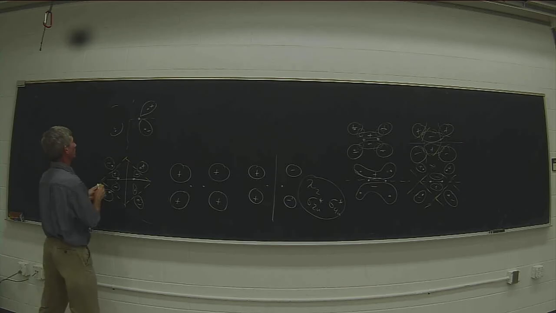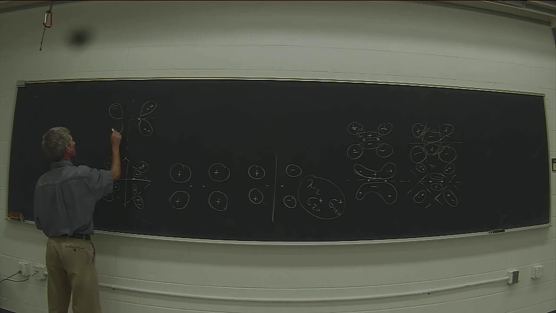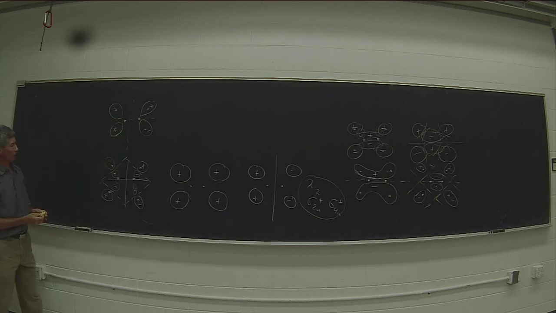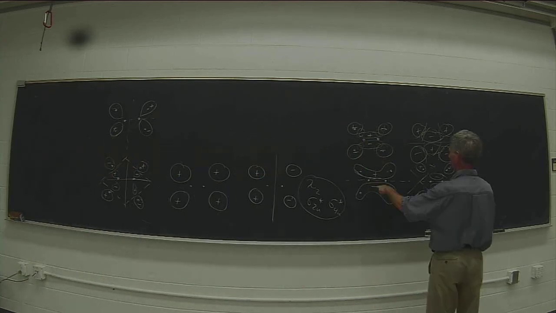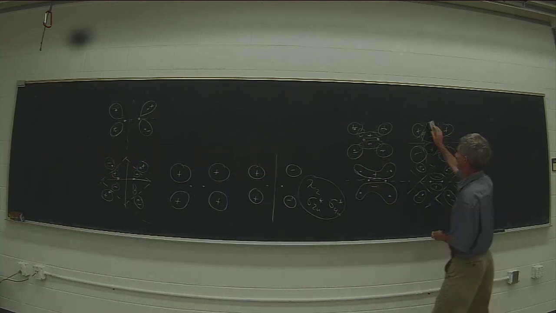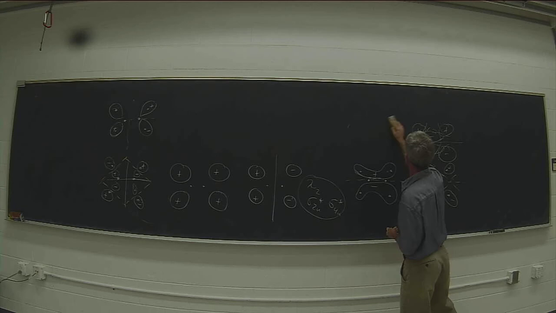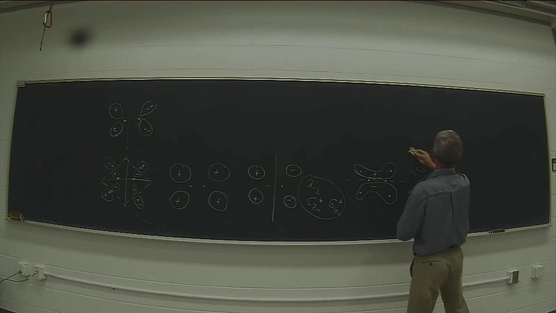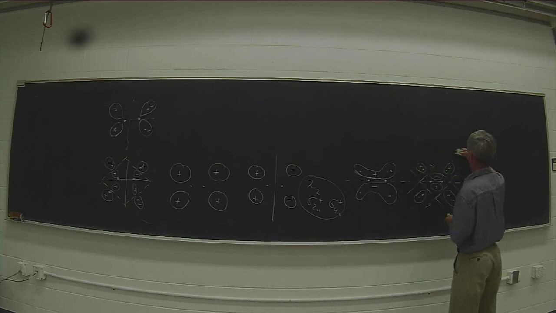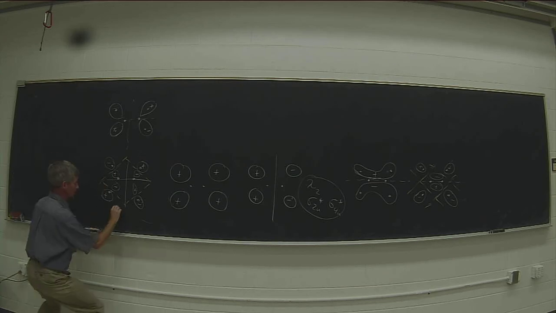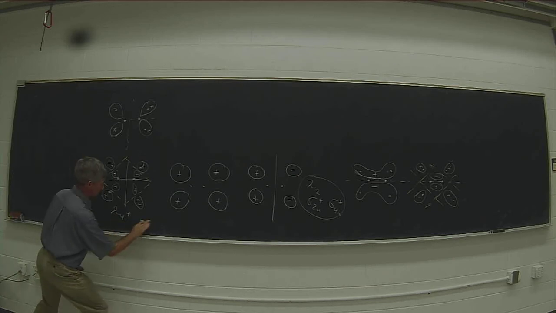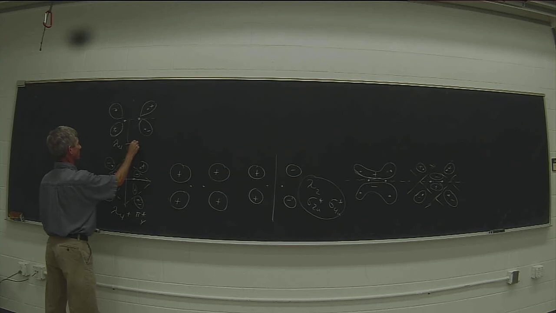So here are two of our molecular orbitals, and here are two more of our molecular orbitals. The result, so this was lambda 4 plus pi star y. This was lambda 4 minus pi star y.